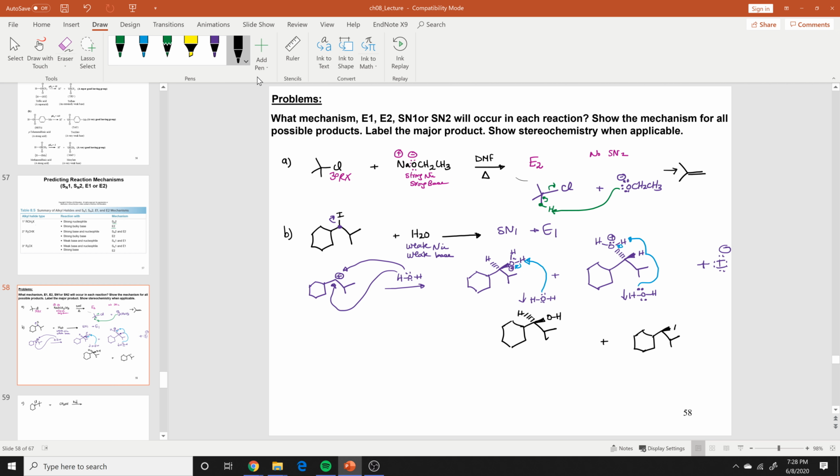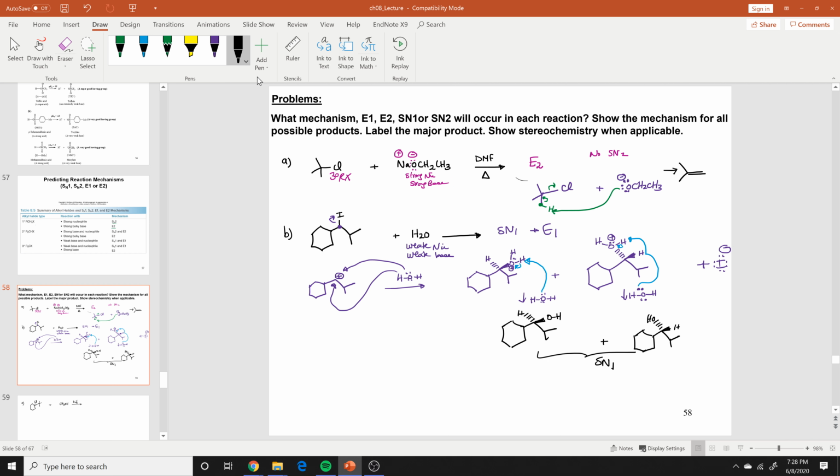You do have a hydrogen up and an OH down, and both are going to be my SN1 products. You have to show them both, and both are going to be the major products for substitution. Since I don't have heat in there, this is going to be my major product, but I have to continue and do my E1 product.